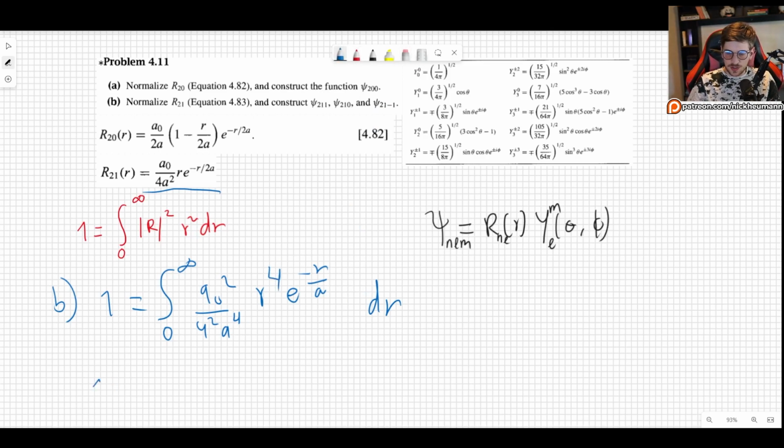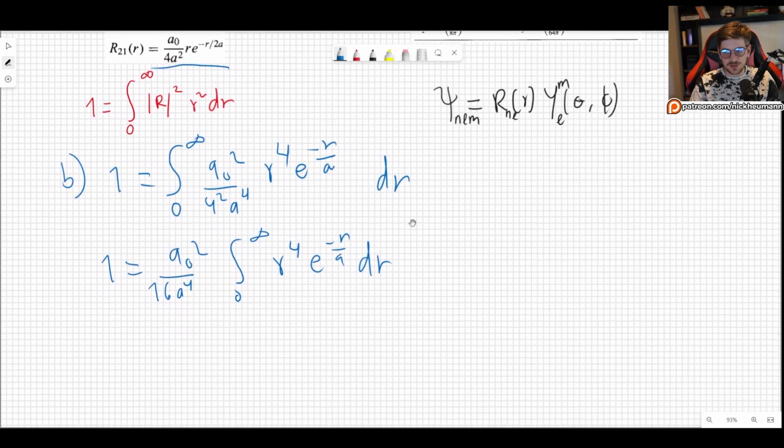So let's take all of our constants outside. So we get a0 squared, 16, so that's a 16, a to the 4th. And then we have to integrate from 0 to infinity of r to the 4th, e to the minus r over a dr. Now we know what this integral is. We already solved integrals of this kind.